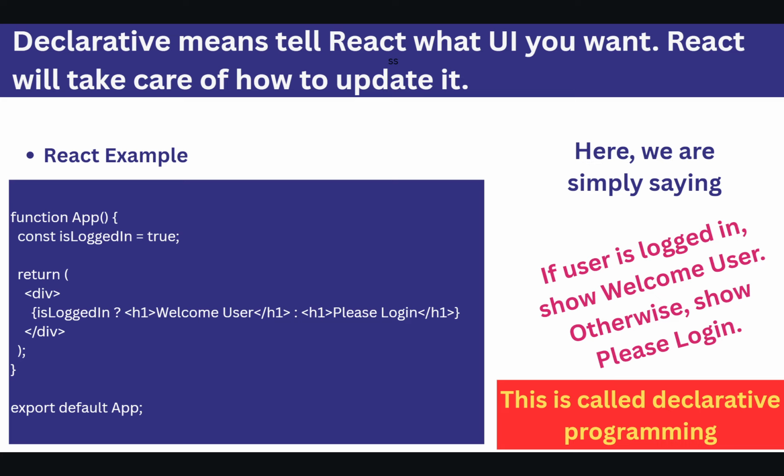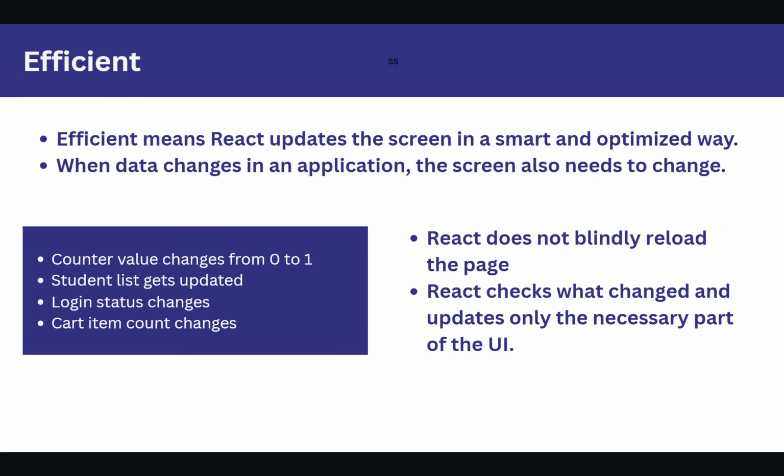The benefit of using React is you just have to tell what you want. The actual task of rendering and updating is all done by React. Hence, React is a declarative programming language. I really love React.